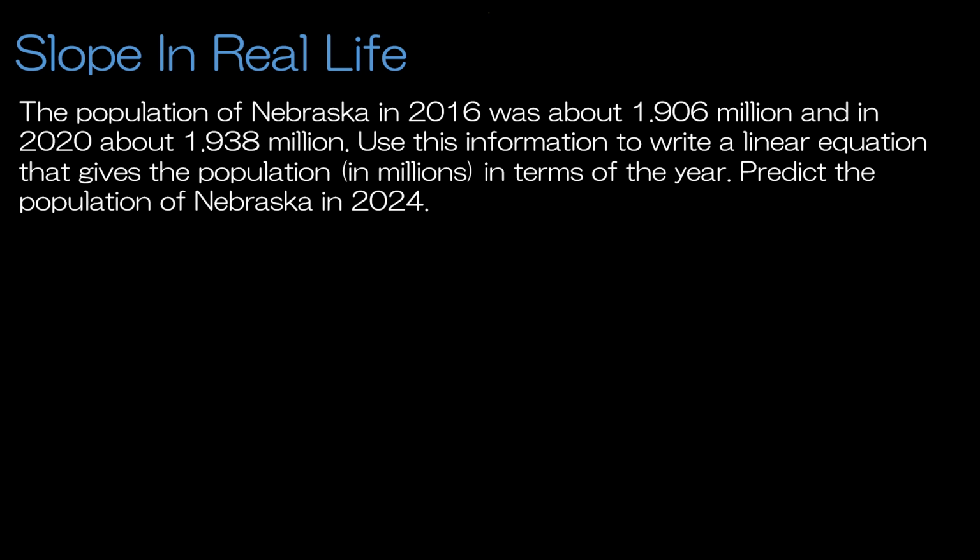In 2016, the population was 1.906 million. In 2020, the population was 1.938 million. Now, for simplicity, I'm going to say this is going to be the year, how many years since the year 2000. So I'm going to change that to 16 and 20.